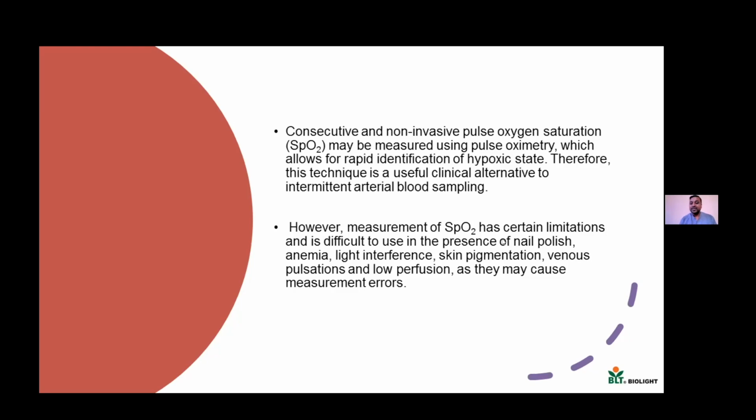But the measurement of SpO2 has certain limitations and is difficult to use in the presence of nail polish, anemia, bright light, skin pigmentation, venous pulsation, and low perfusion, as they may cause measurement error. So this is the initial step, but not the base.